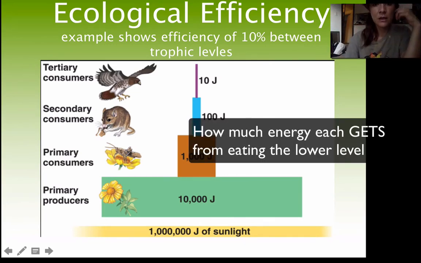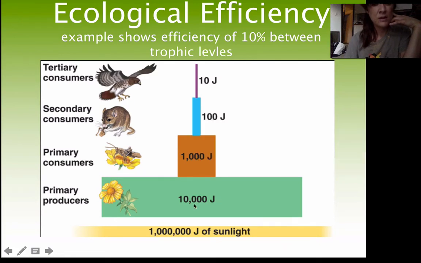As you can see, this is at least one reason why we don't have too many trophic levels. It's hard to get from 10,000 joules in your primary producer level. If you only get 10%, primary consumers only got 1,000. Secondary consumers only got 100. Tertiary only got 10. Imagine how much smaller any other level would be.